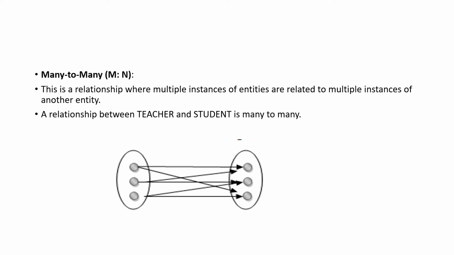A relationship between teacher and student is many to many because there are many students and many teachers. Suppose in your class there are 60 students, and all of them are taught by 5 teachers, so many students and many teachers. So you can find the relation between teacher and students as many to many, because you have many students and many teachers.